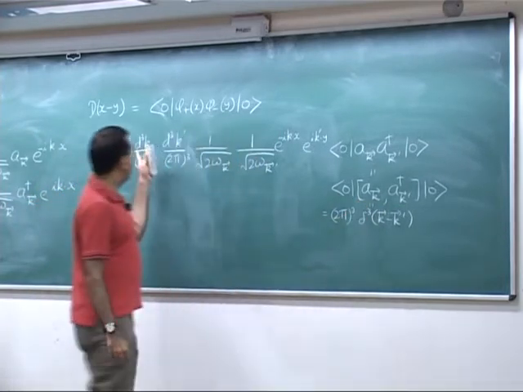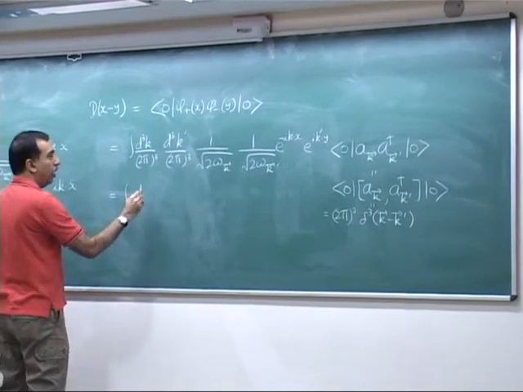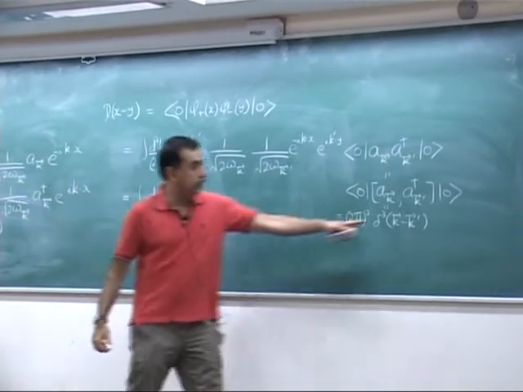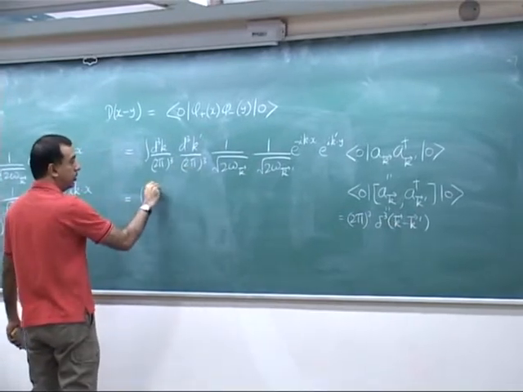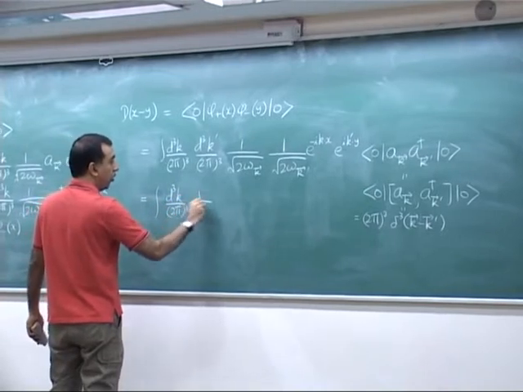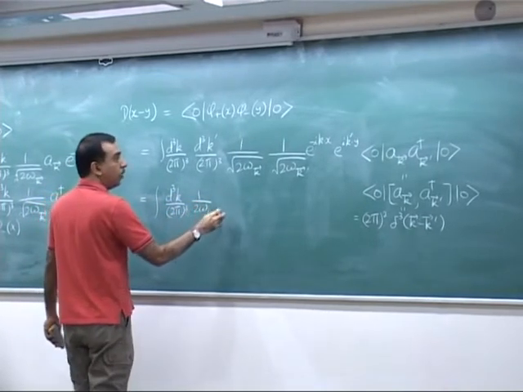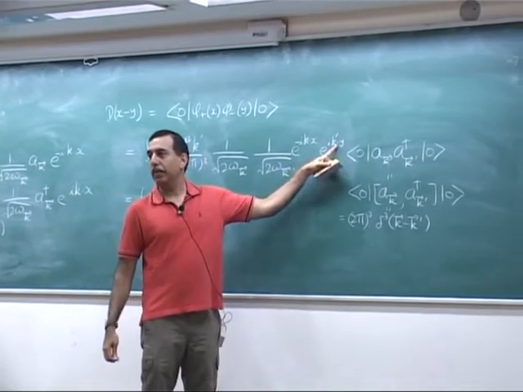So now I can evaluate the k prime integral, and this d^3k prime just sets k prime equal to k. The (2π)^3 there eats up one of these. So I get this, and then the 3-momentum parts of k and k prime become equal.